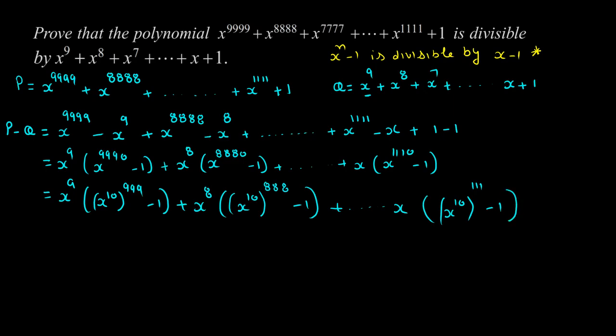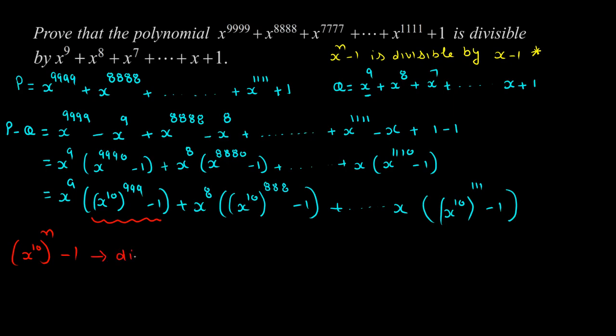Okay, now see, now using this result, that is x raised to power n minus 1 is divisible by x minus 1, I can replace here x by x raised to power 10. That means I can use it as x raised to power 10 raised to power n minus 1.